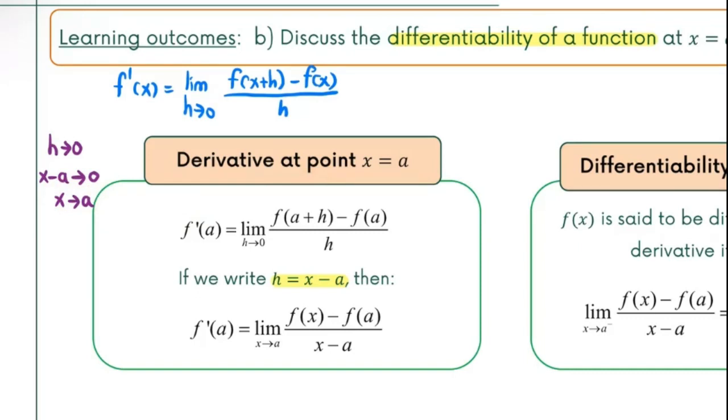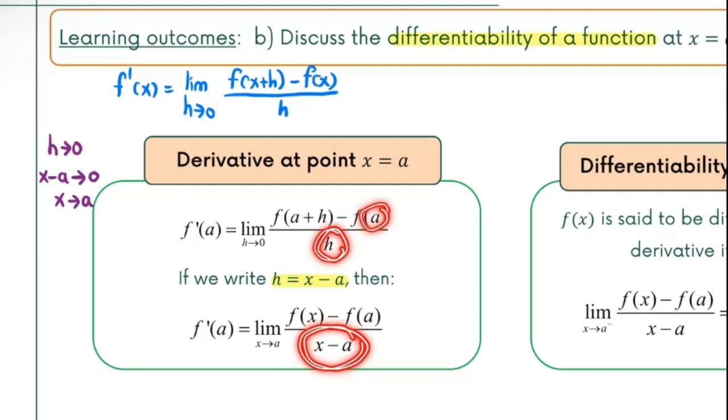So kalau kamu perhatikan tadi kat sini kan a plus h ini, kalau h ini kita tukarkan dengan x minus a, so kita tinggal fx sahaja. So a ini pula okay, dia memang formula fa lah, tak ada masalah. And then h ini dia akan tukar kepada x minus a.